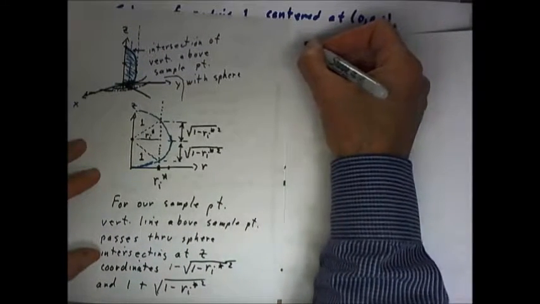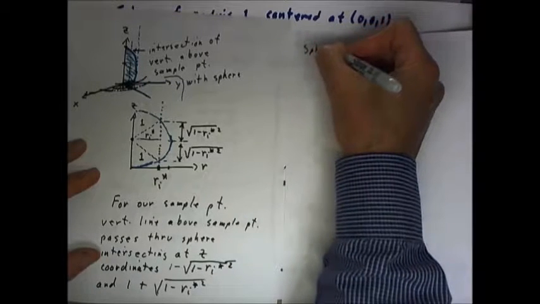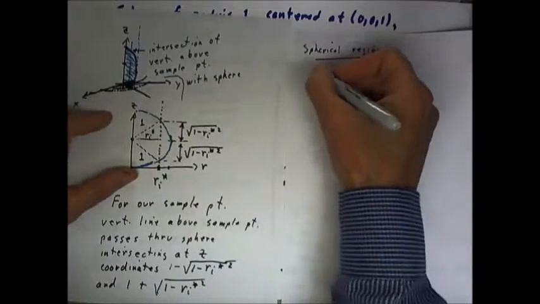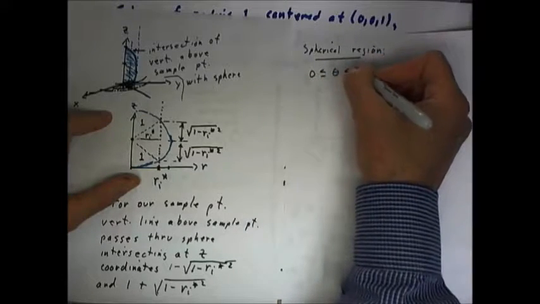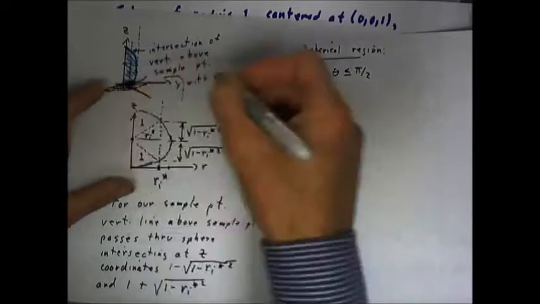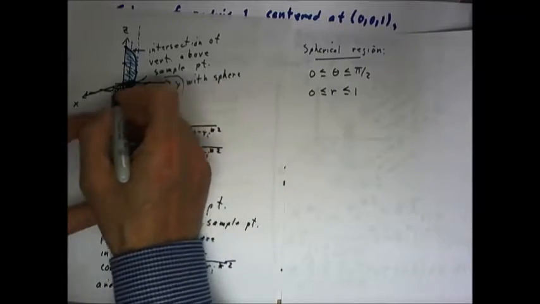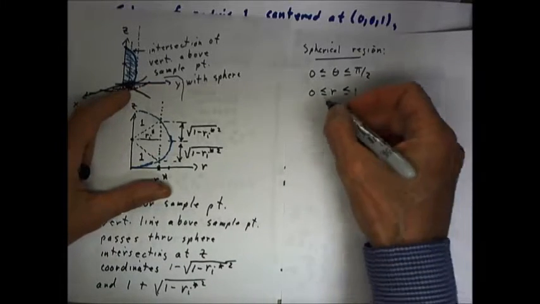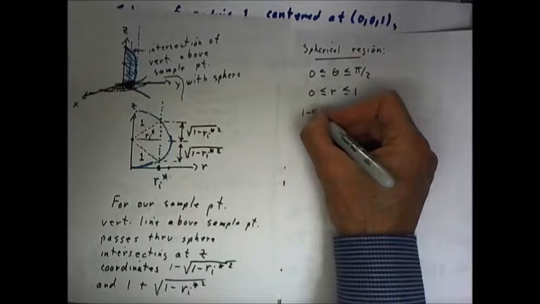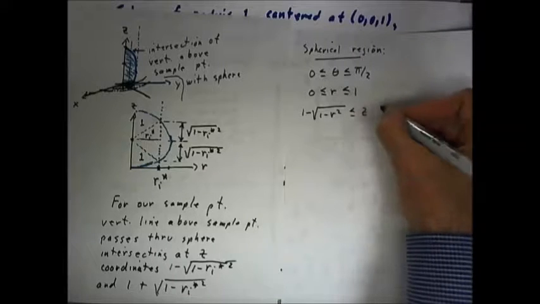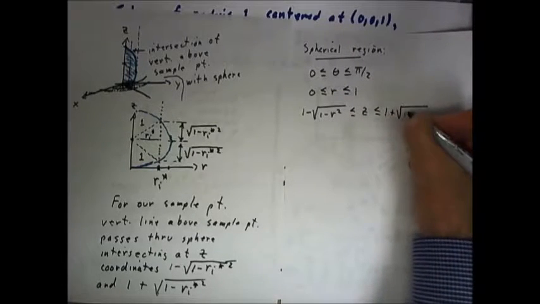So we have our spherical region characterized by 0 less than or equal to theta less than or equal to pi over 2, r going from 0 to 1, and again we've described the unit circle as it intersects the first quadrant of the xy plane, and z running from 1 minus the square root of 1 minus r squared to 1 plus the square root of 1 minus r squared.